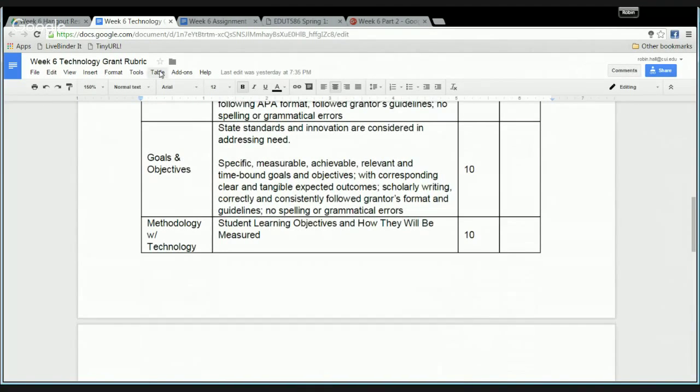Technical writing: use your ed tech infographic information if it's appropriate. Tell a story with data. Make sure that your grant application is explicitly purposeful and value added.